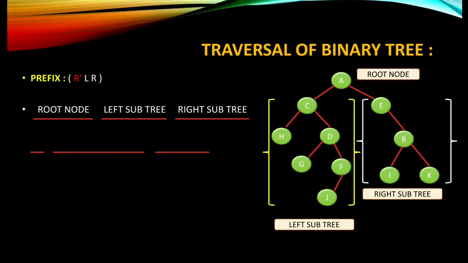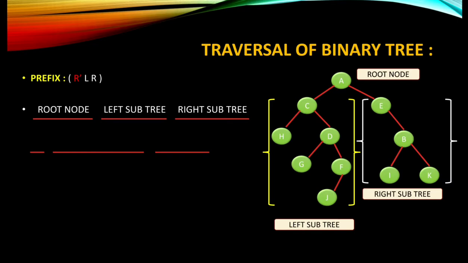And the same order we have to follow for each and every node, because we are having so many subtrees inside a tree. That's why we have to follow the same process for each and every tree.